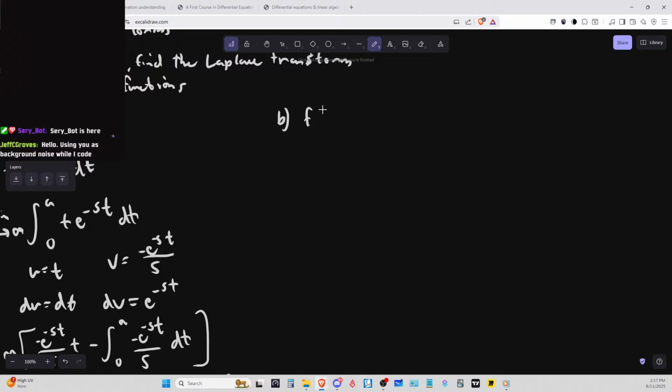So do a t squared for this one. And if we remember our definition is the integral from 0, oops, it's supposed to be 0 to infinity, and then we'll have the function of t squared times e^(-st).